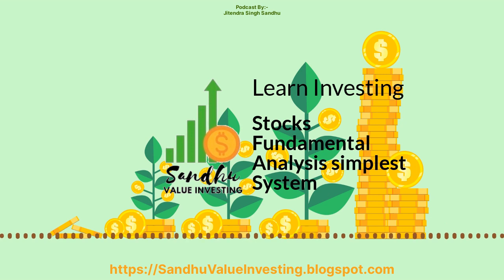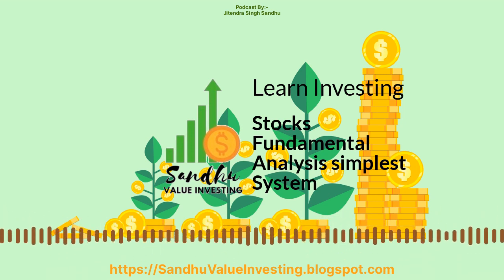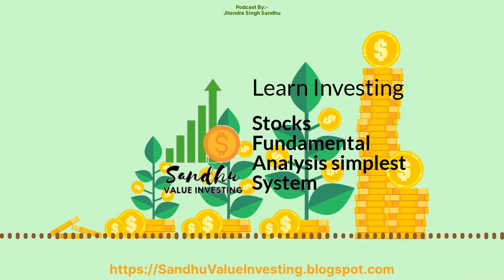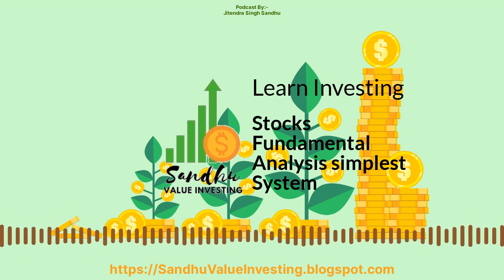First of all, this notebook comes with 30 plus stocks. You do not have to invest in many stocks, but you have to diversify your portfolio to about 20 to 30 stocks.